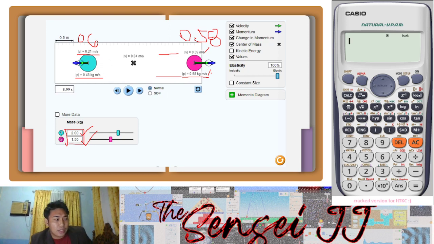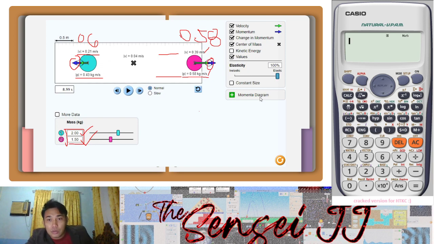So, sir, why is it called elastic? When we talk about elastic collision, the objects tend to change directions once they collide. As you can see here, the blue arrows are considered the direction of our momentum.